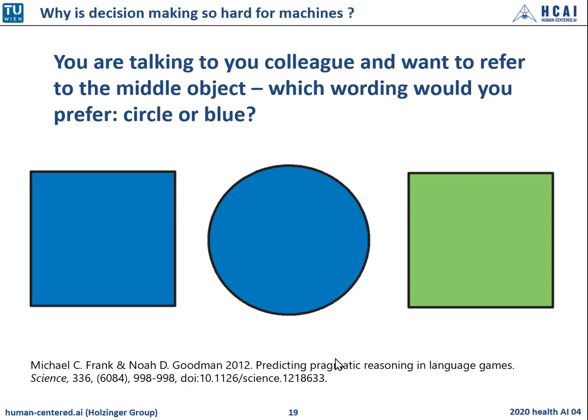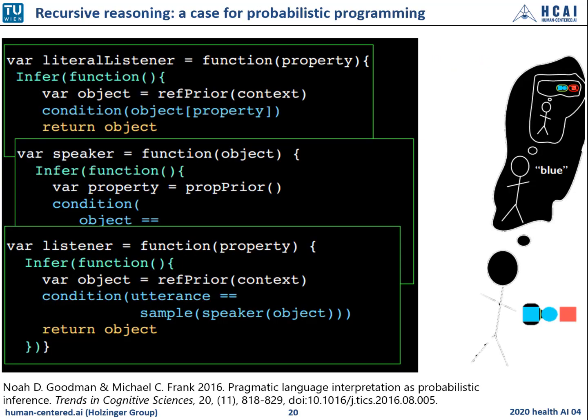Instead, the listeners can infer the speaker's intended meanings by assuming these utterances convey only relevant information. This is a very interesting result of this simple experiment, and I am showing this to you because this is the basis for what we learn later on in the course, probabilistic programming, because this is a typical case for probabilistic programming.